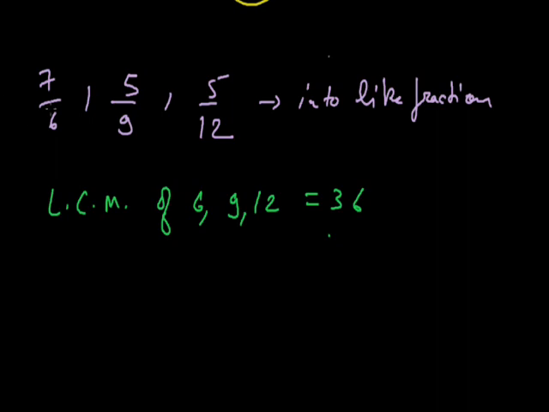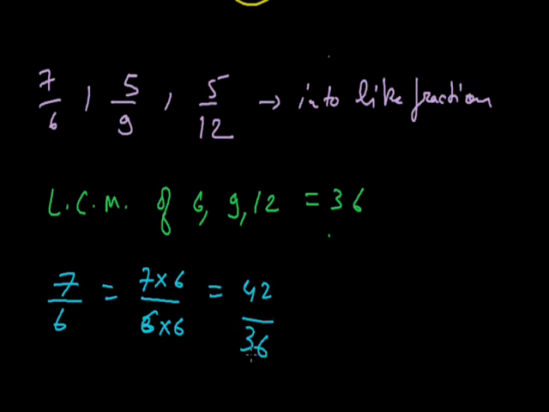Now to convert 6 into 36, I have to multiply it by 6. So to convert 7 by 6 into a denominator of 36, I will multiply the denominator 6 by 6, and in the same way I multiply 7 also by 6. So I will get 42 by 36.